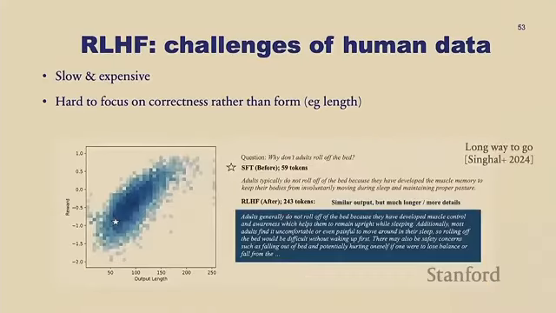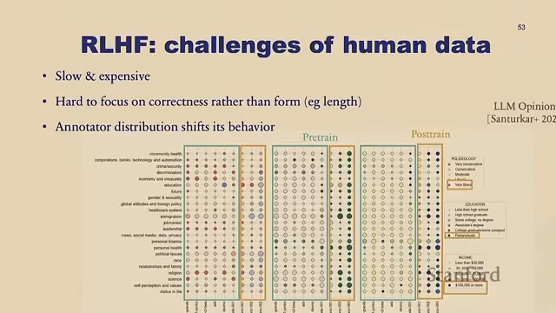What I show here is that when you do RLHF, the more you do of RLHF, the longer the output of the models becomes. So if you've ever been annoyed at ChatGPT answering you with super long sentences, this is because of RLHF. Annotator distribution shift: the distribution of annotators that you use matters a lot. You have to think about which humans we even want to represent in these models.